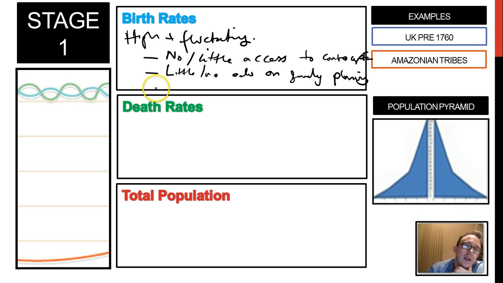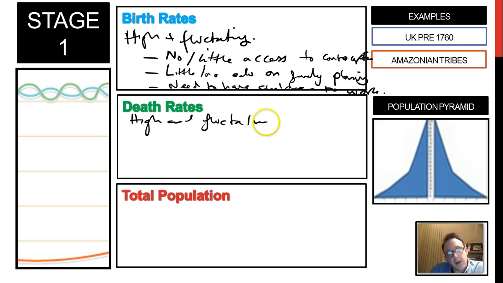And in many of these societies, there is a need to have children to work, for example. Death rates are high, okay, and fluctuating. High and fluctuating.